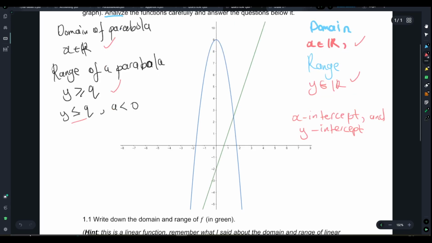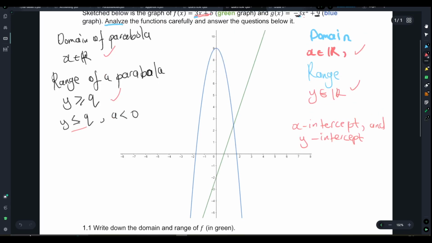let me see the function again. That is, let me use black. Okay, it's fine. That is g of x is equal to minus 3x squared plus 9. Okay, so let's go. So I told you that when you find the X-intercepts, you let y, remember that this is y, you let y be 0, then you equate to minus 3x squared plus 9.